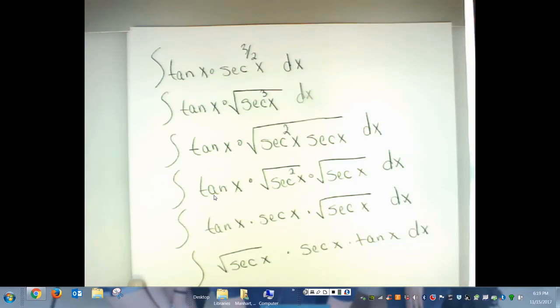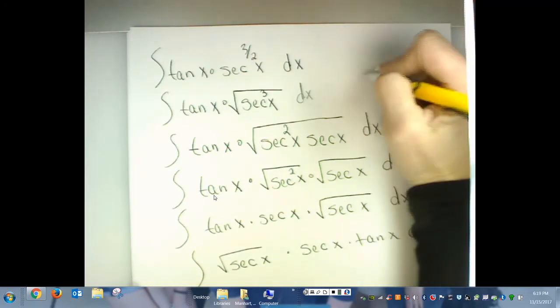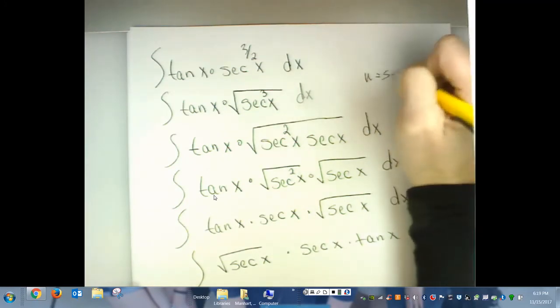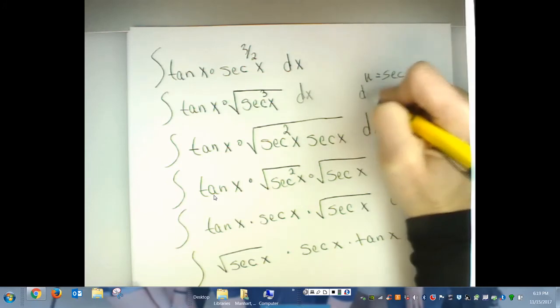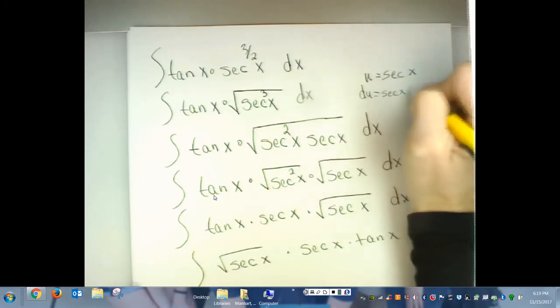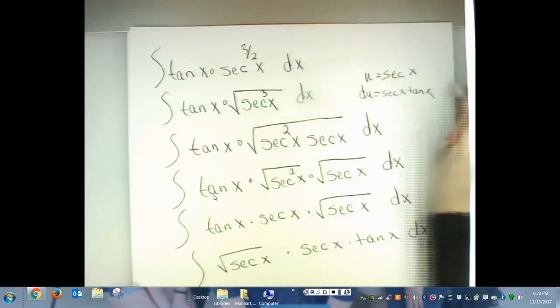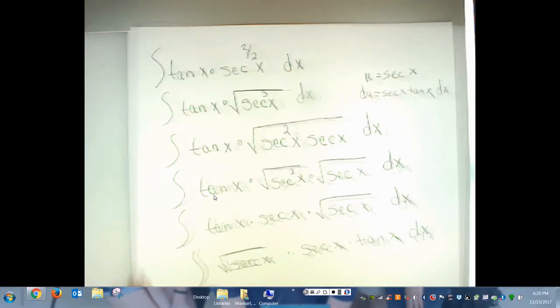And the reason is your u is secant x and du is secant x tangent x. And that's just something we remembered from Calculus 1. And we're ready to change over to u.